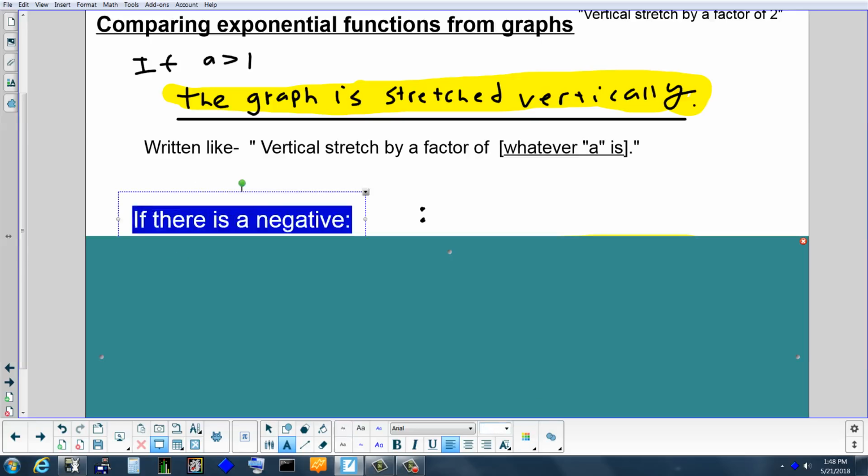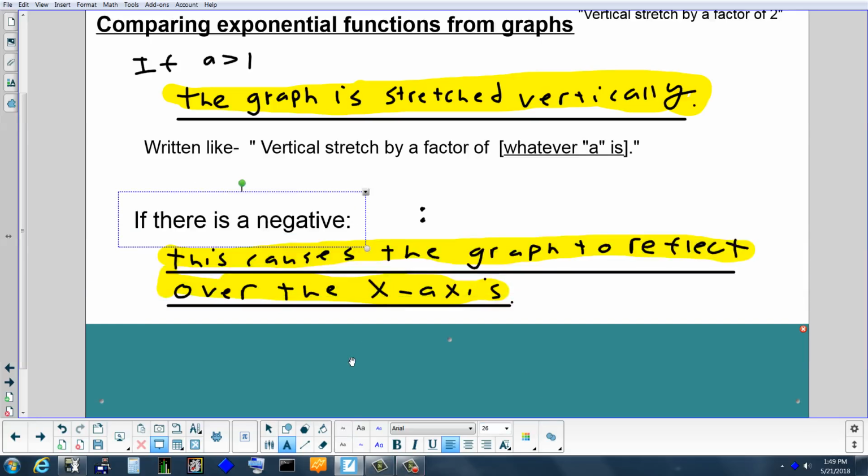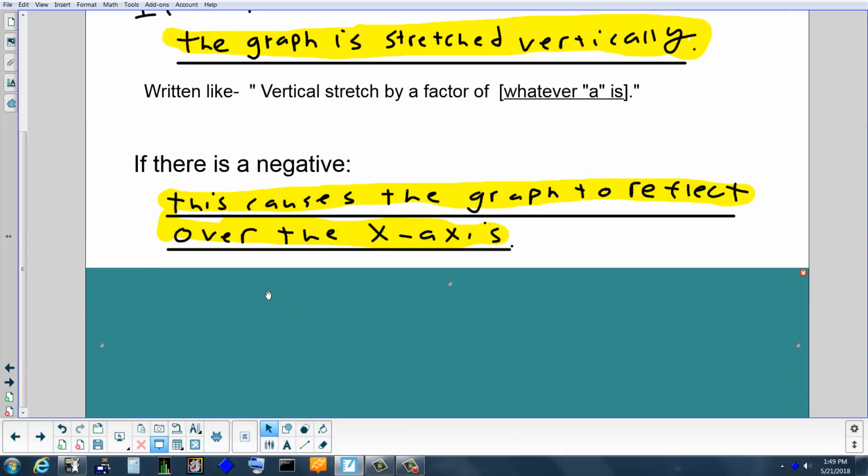What happened to it? It was only up and down. It got flipped, right? So when it's negative, like Madison just said, it causes it to reflect or flip. If you say reflect, if you say flip, either one works. If you said the graph is flipped over the x-axis, that's fine too.